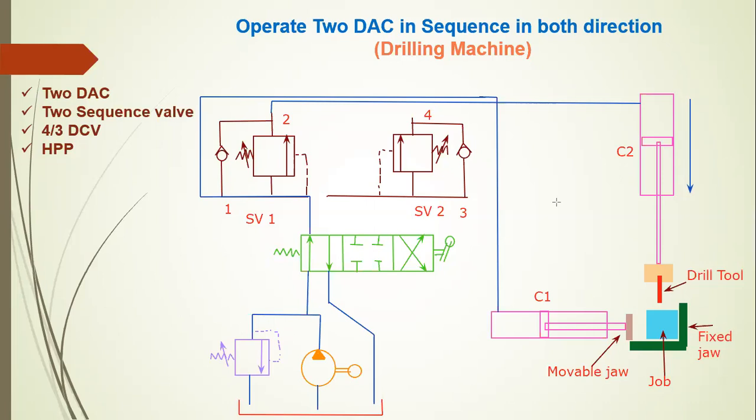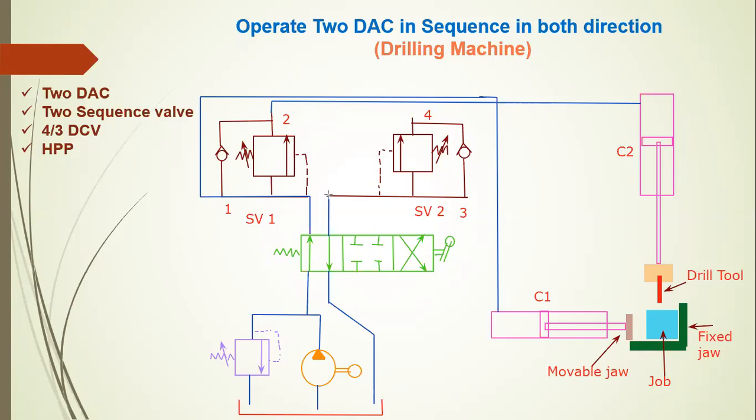Then after, the second motion is connected with the SV2. Let's draw the connection for SV2, sequence valve 2. The direction control valve is connected to SV2.